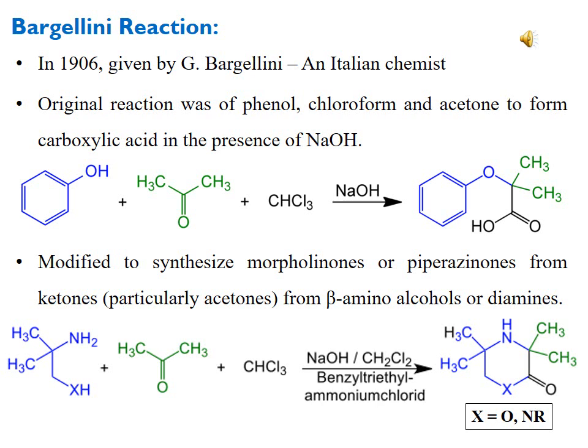Here you can see the beta amino alcohol or diamine. The amino group attached with the carbon is an alpha carbon and the next carbon is beta carbon, and so the XH, that is X mean it can be oxygen or it can be nitrogen. If it is oxygen, then it is an alcohol, beta amino alcohol.